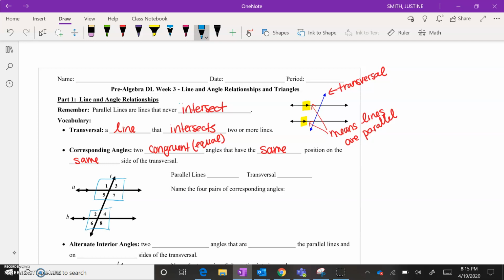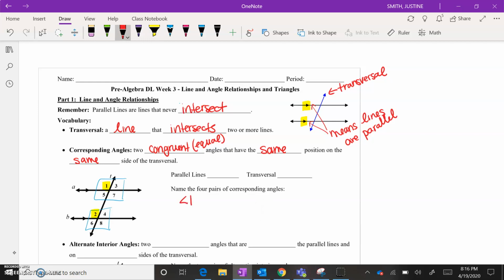So if corresponding angles have the same position on the same side of the transversal, if I look at angle 1 in the upper four angles, you're trying to think to yourself, what angle has that same position in the lower four angles? So angle 1 and angle 2 would be corresponding.